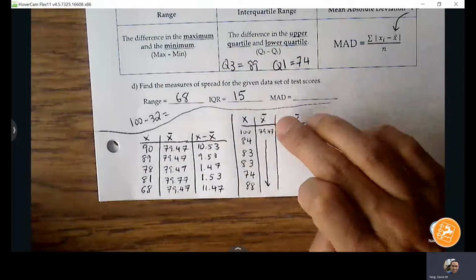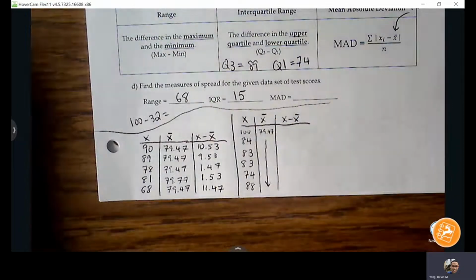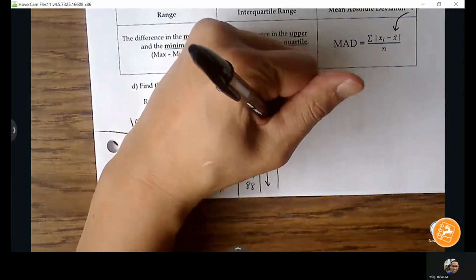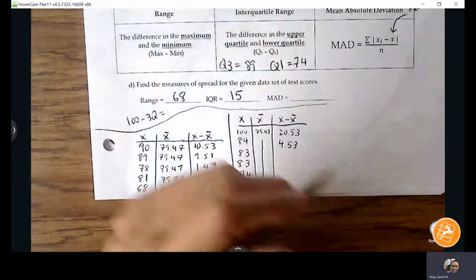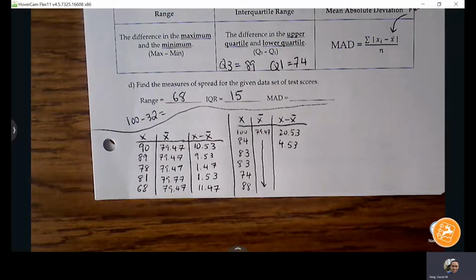We're subtracting from 79.47 for all of these. Let me zoom out a bit to see it.